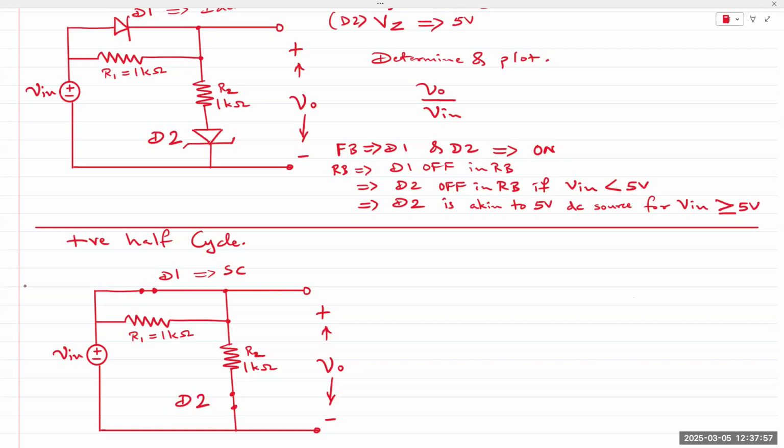Okay. D2 is also a short circuit. So once again, what is V out? V out is equal to V in.